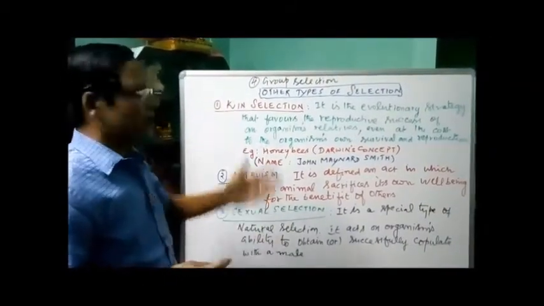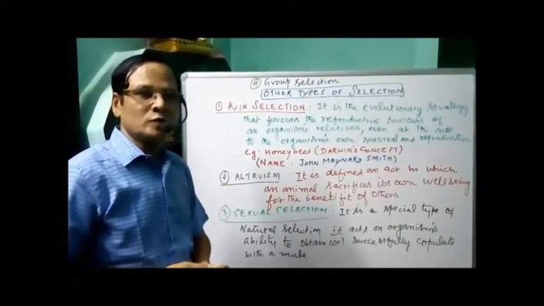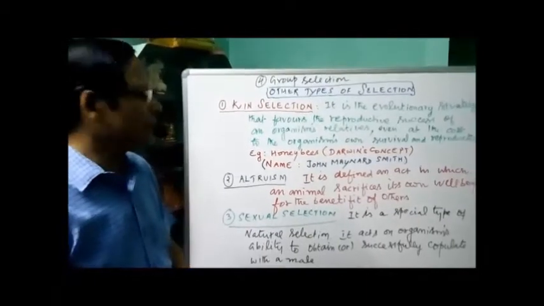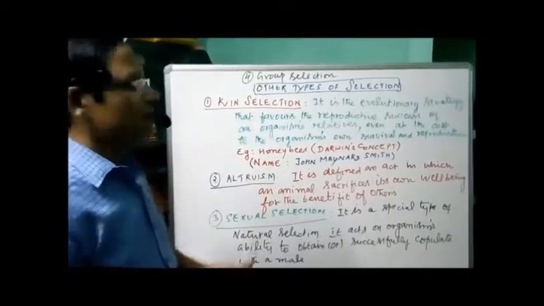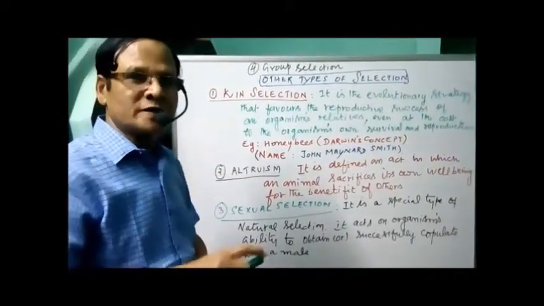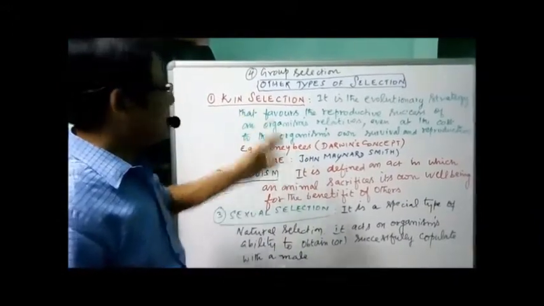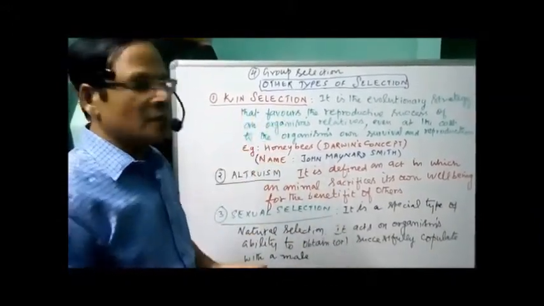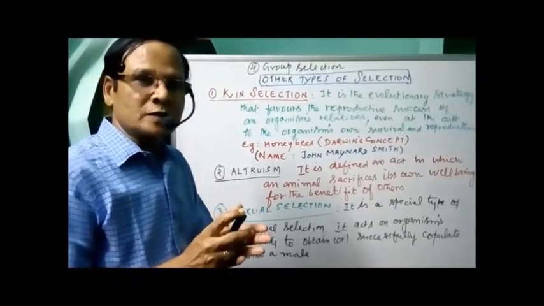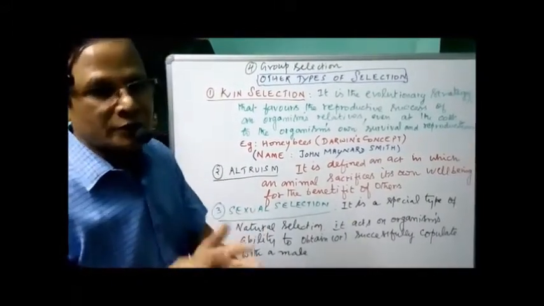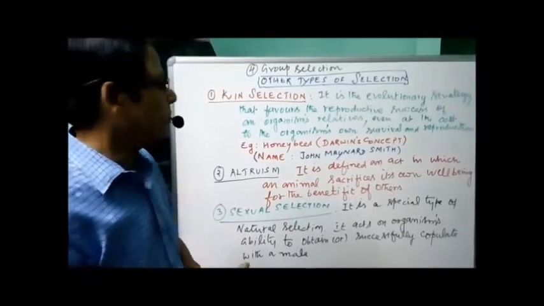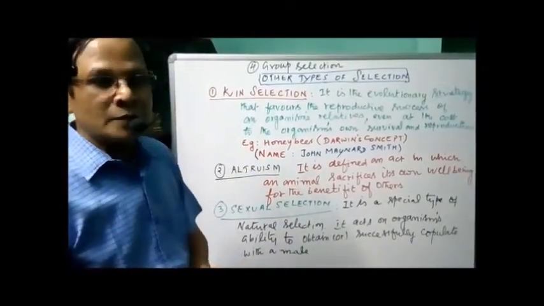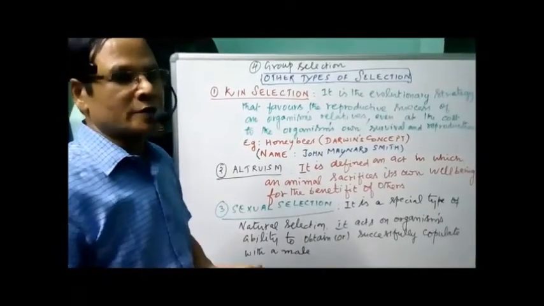Number one, kin selection. That concept was developed by Darwin in relation to the honeybees. So what is kin selection? It is one of the evolutionary strategies that normally favors the reproductive success of an organism's relatives, even at the cost to the organism's own survival and reproduction.